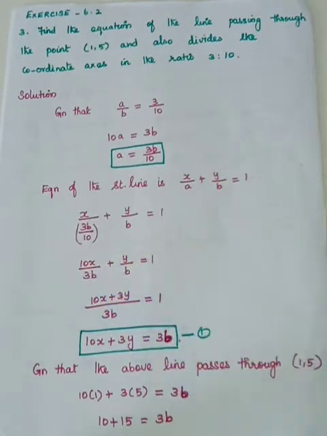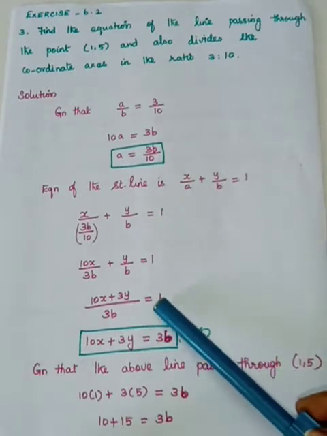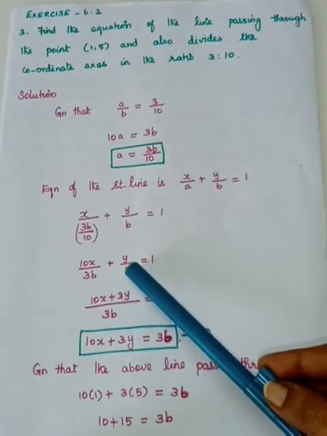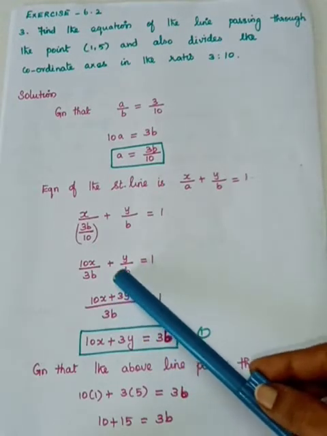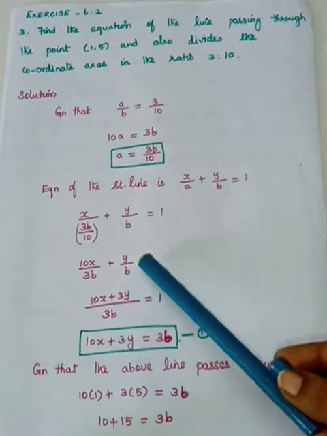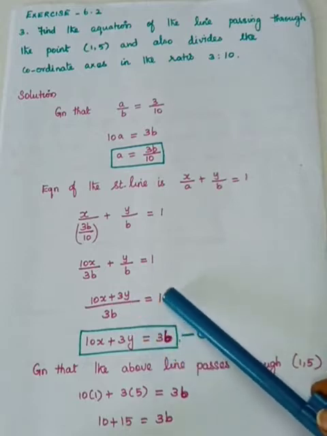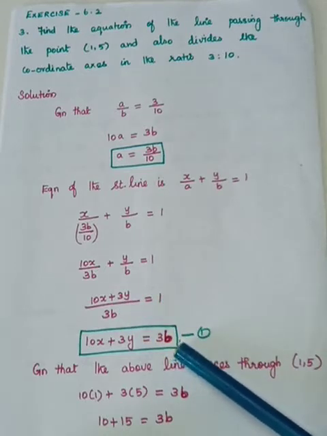Take the LCM of 3b and b. The LCM is 3b. So the numerator is 10x plus, since here you have only b but the LCM is 3b, the numerator has to be multiplied by 3, so 3y, is equal to 1. If you cross multiply, on the right hand side you will get 3b.